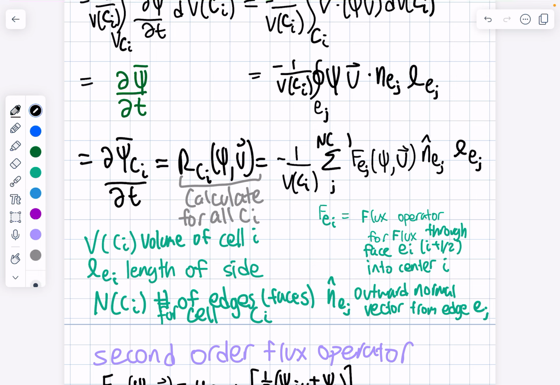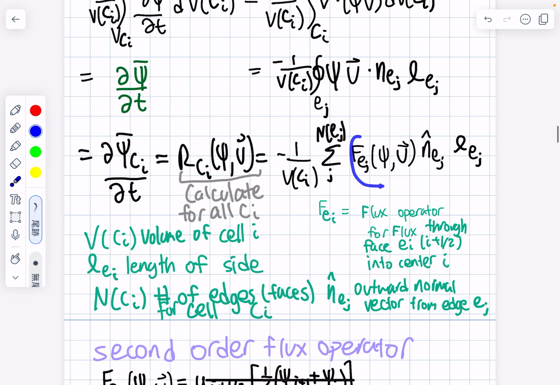So basically sum over all Ej, from j to the number of edges. And then this will become a flux, which represents this part. Flux operator is what we'll call that, the F_Ej.